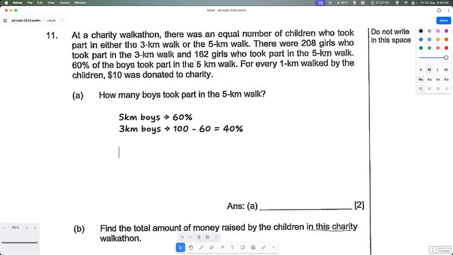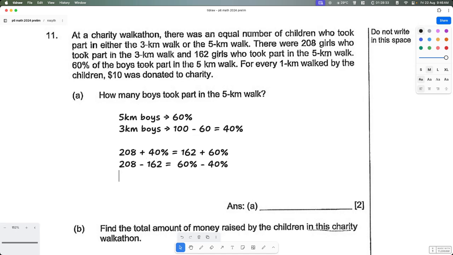Okay, so since there's an equal number of children in 3 km and 5 km, that means 208 plus 40% is equal to 162 plus 60%. Okay, all right, so with that said, we can just get how much is 1% now, right? So we have 60% minus 40% and 208 minus 162.